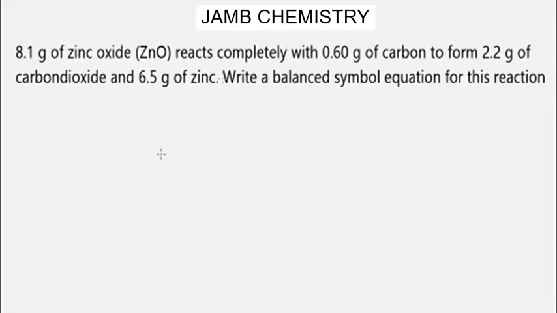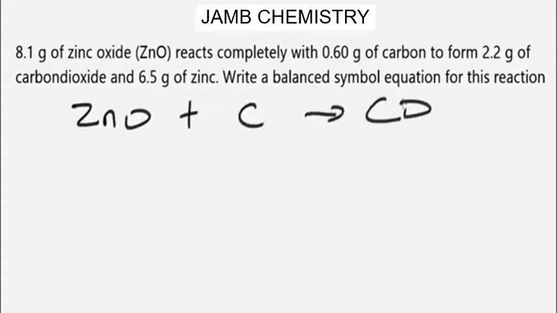The very first thing you have to do is to bring out the elements or compounds involved. So in this question, we have zinc oxide reacts with carbon to form carbon dioxide and zinc.